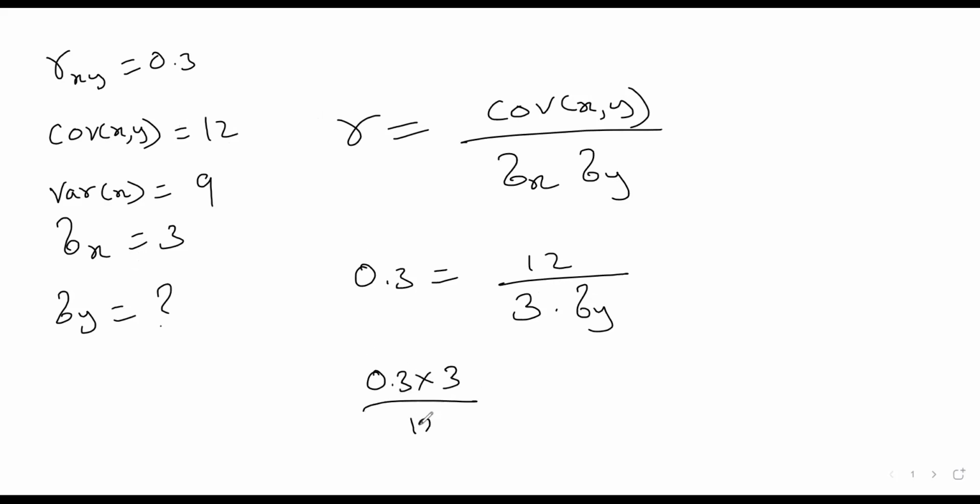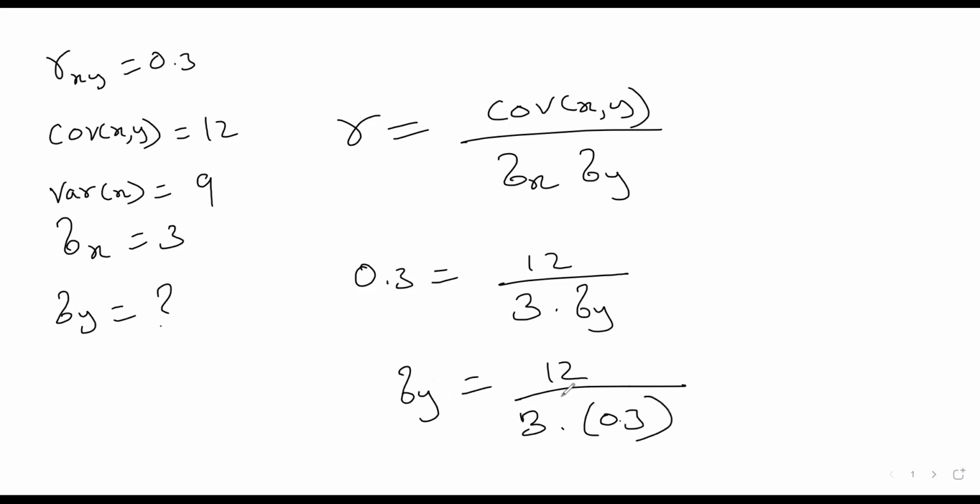So standard deviation of y is 12 upon 3 into 0.3. That is 12 upon 0.9. It is 13.33. That is the standard deviation of y.